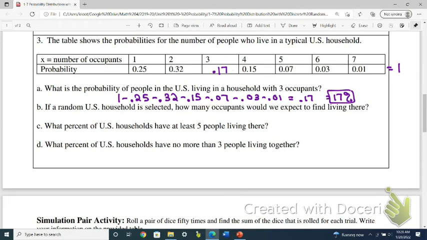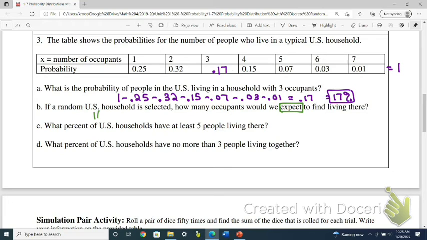If a random U.S. household is selected, how many occupants would we expect to find? So that expect, remember, that means I need to multiply. That is the key word. So for expect, we multiply.